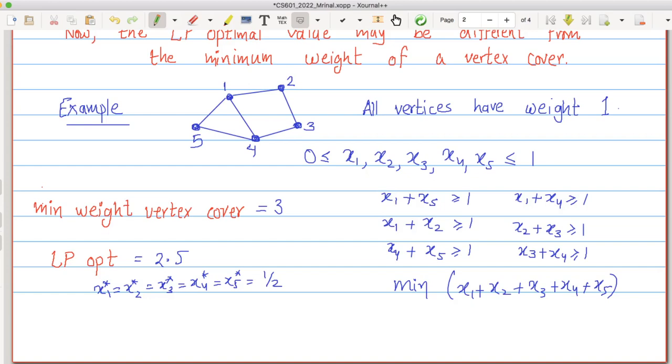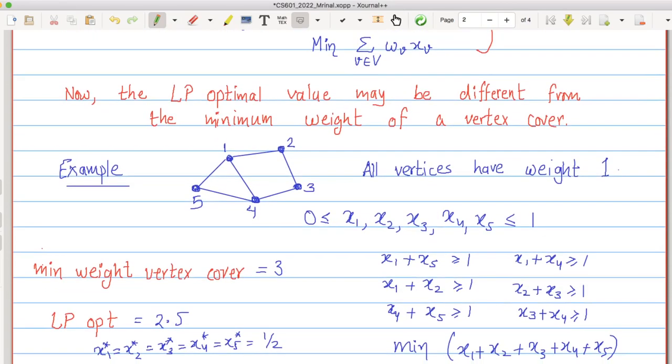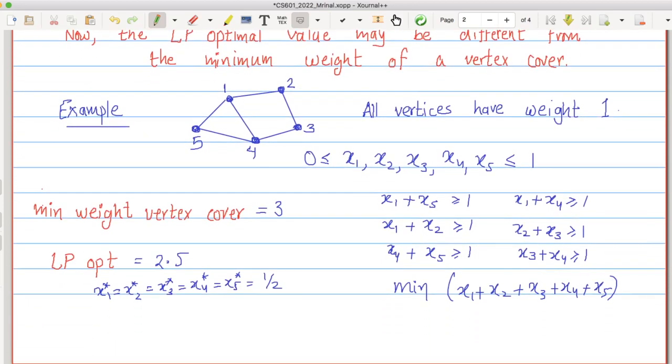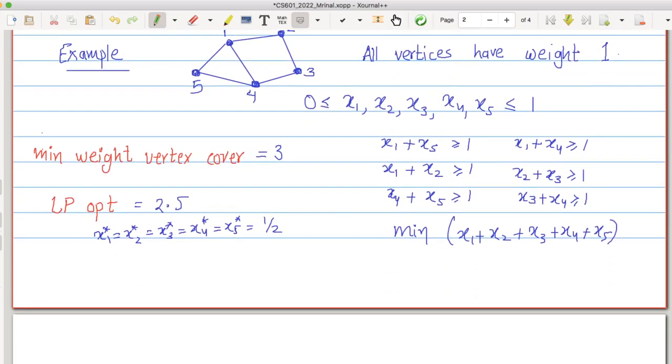So here we see that the LP optimal is not equal to the actual optimal weight of the vertex cover, right? So clearly the linear program does not capture our minimum weight vertex cover problem. So how is it going to be useful, right?